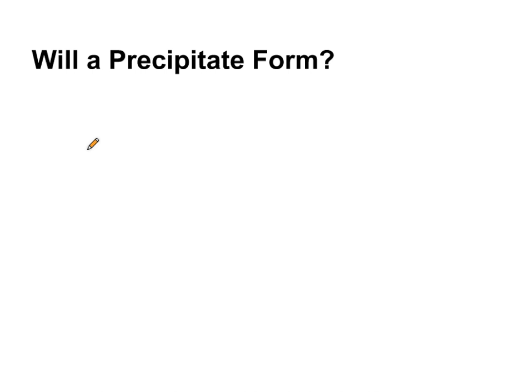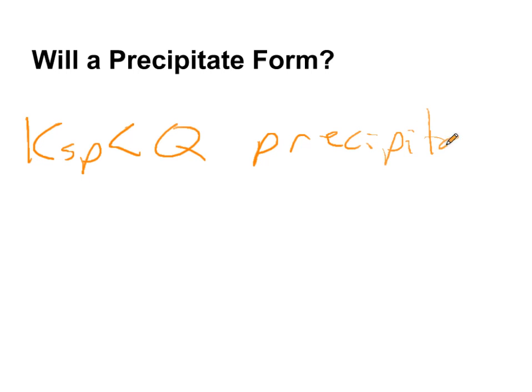KSP values are useful in determining if a precipitate will form in a given situation. We can go back to using the reaction quotient for this. So if KSP is less than the reaction quotient, that means it's going to shift to the left and it's going to make more precipitate, because the solids are on the left side of our KSP dissociation reactions.